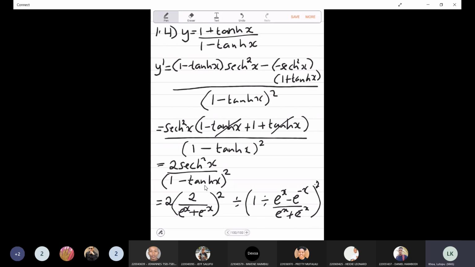Okay, so here we can combine these two before we square them. This one we will just have to square it the way that it is. So when we square this one here in the numerator, we have 4, so we'll have 4 times 2, and then in the denominator, I'm not gonna expand it, I'll just write it as e to the x plus e to the minus x, the whole thing squared, and then these two fractions, I combine them.